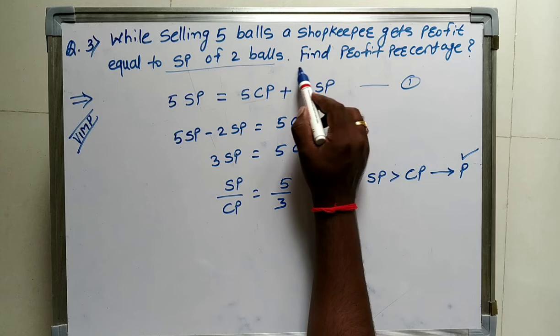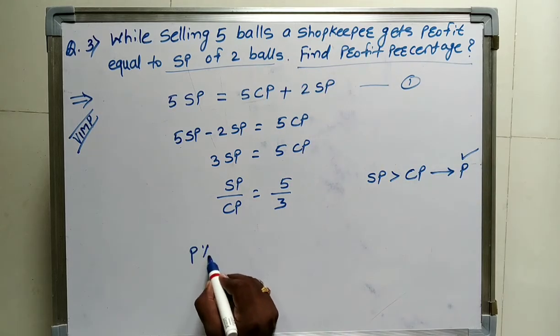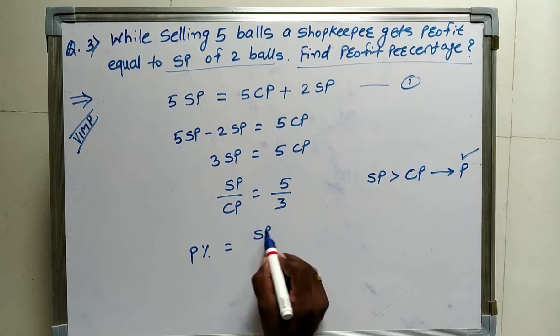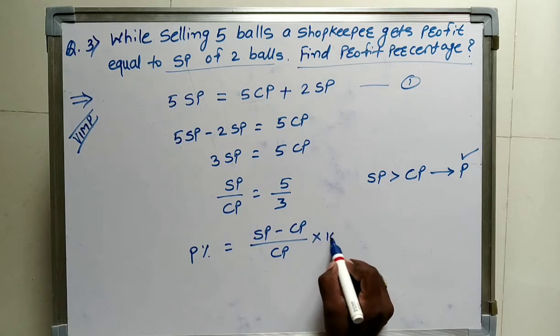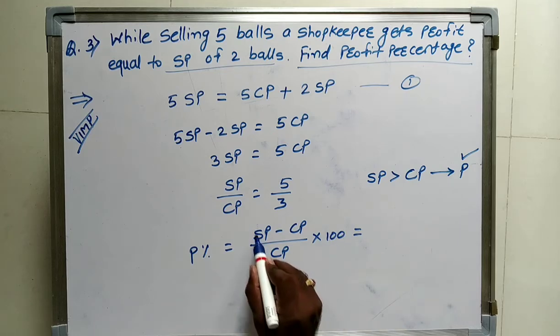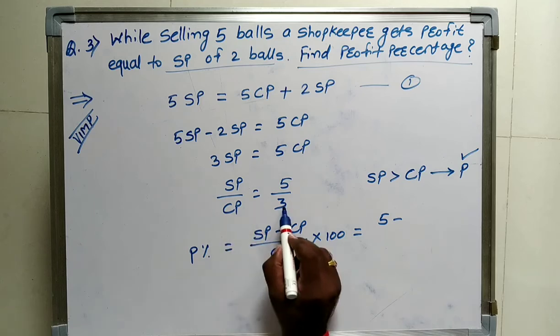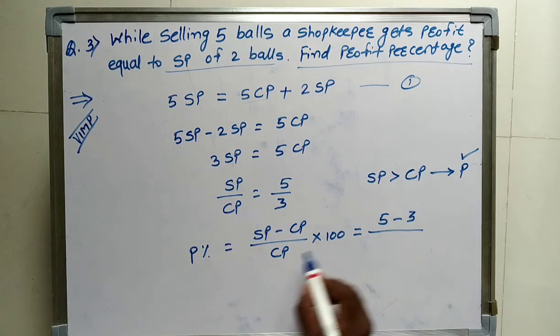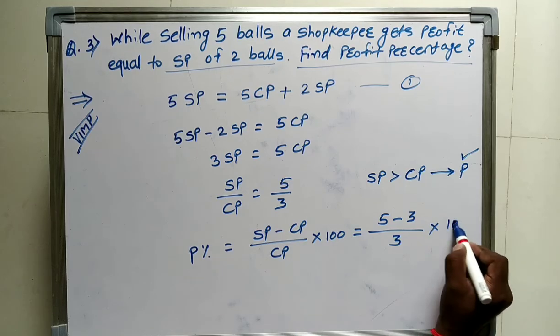We can calculate the profit percent: SP minus CP divided by CP multiplied by 100. SP is 5, CP is 3, divided by CP, which is 3, multiplied by 100.